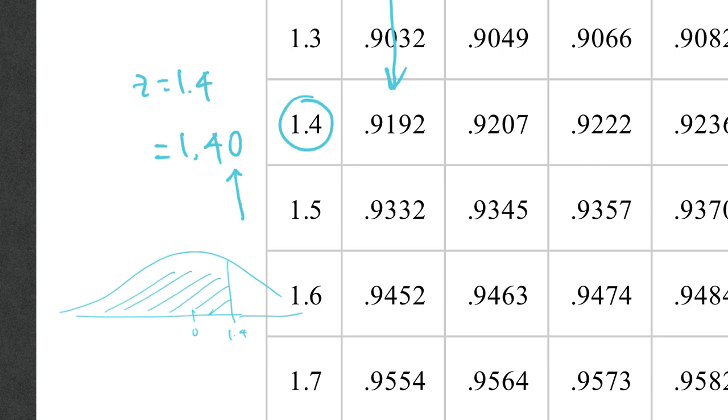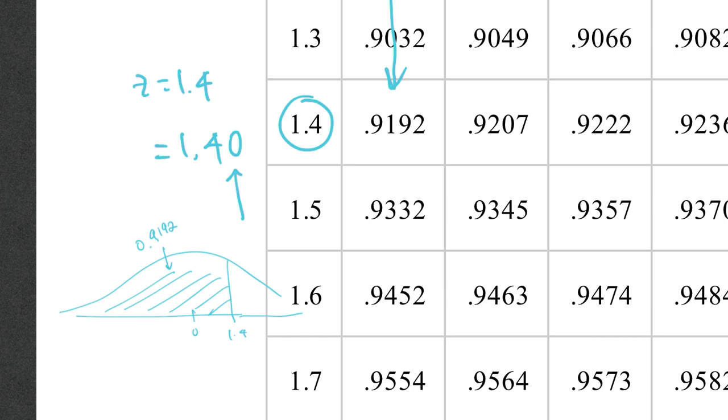The area on the left-hand side of the z-score from the table is 0.9192. But this is not the answer because earlier we shaded on the right-hand side of the z-score 1.4. We label 0.9192 on the left-hand side because the table only gives us the area on the left-hand side of the z-score. But that's fine.